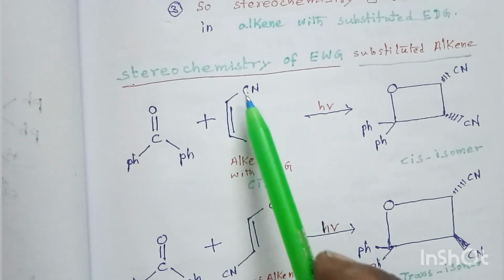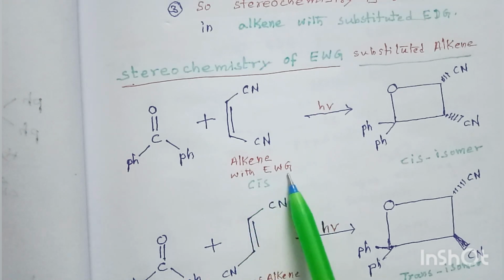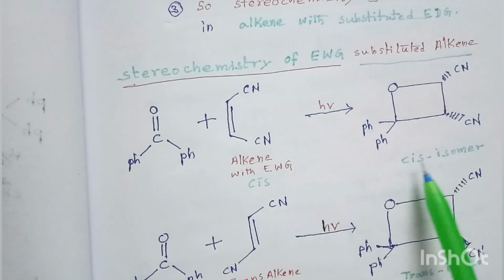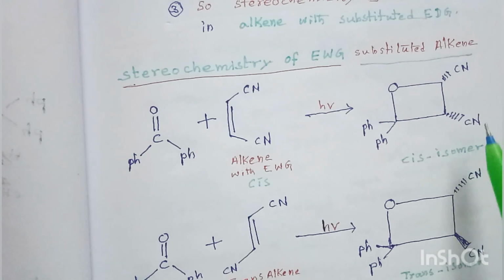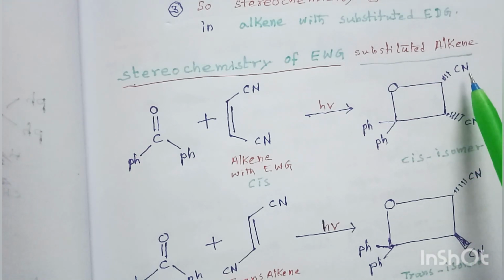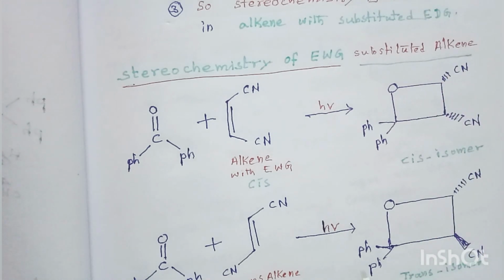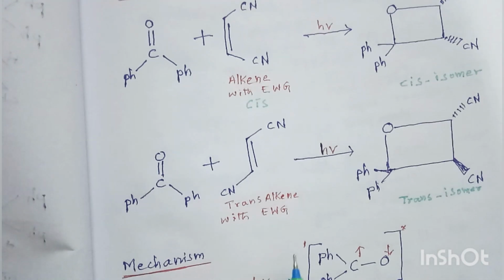Both the cyanides are on the same side, so it is a cis isomer. Upon irradiation by UV light, we will get the cis isomer as the product, because the cyanides are on the same side. So when it comes to electron withdrawing groups, cis will give cis isomer, and trans will give trans isomer.